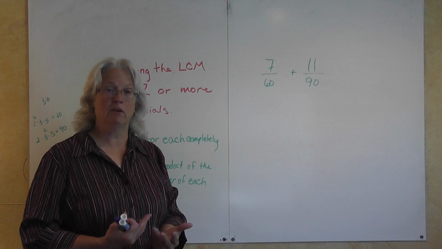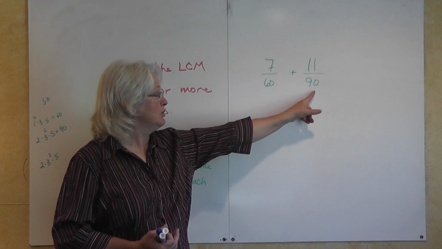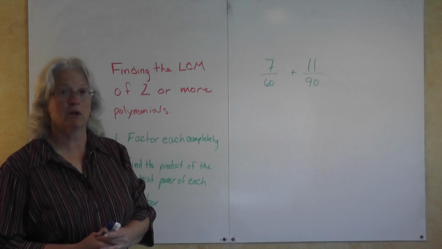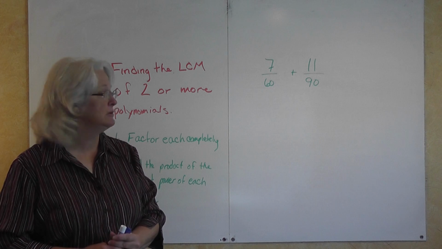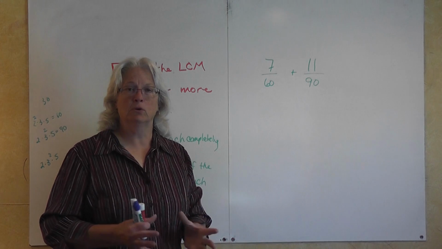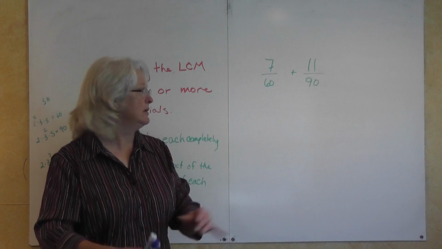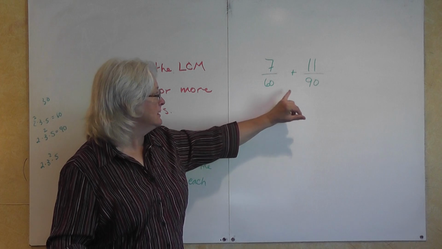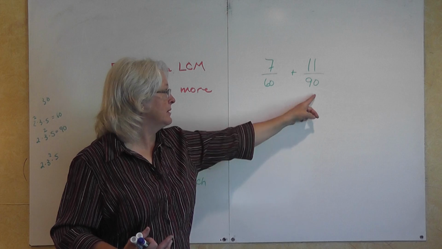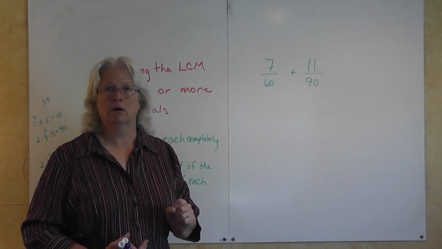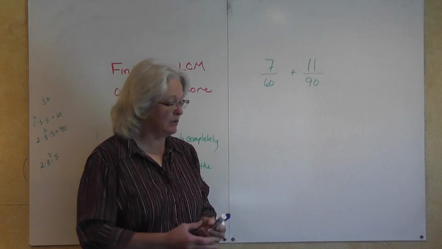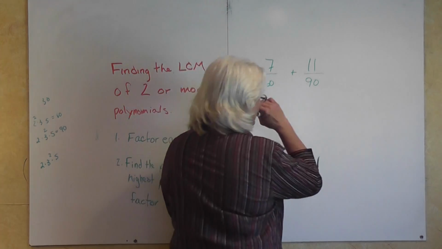And you learned a variety of ways to make sure that you could rename these fractions with what we called a common denominator. And one method that you use to do this is by prime factoring each number, a foolproof way of coming up with the correct common denominator here, which is going to be 180. So what you were taught to do is first you would prime factor each number.